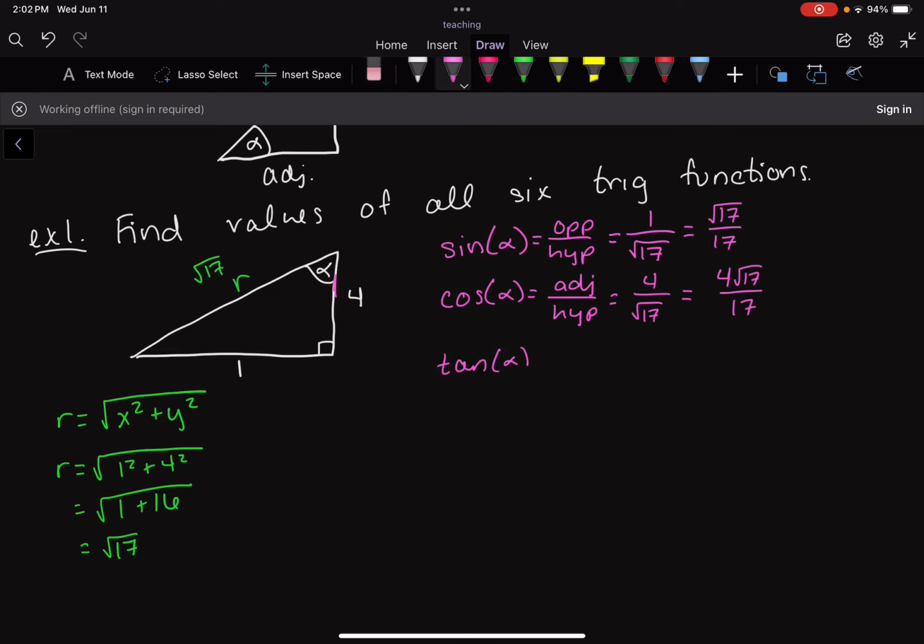Tangent is opposite over adjacent, so 1 over 4. You'll notice that tangent is also sine over cosine, so it would be 1 over 4, basically taking those numerators.